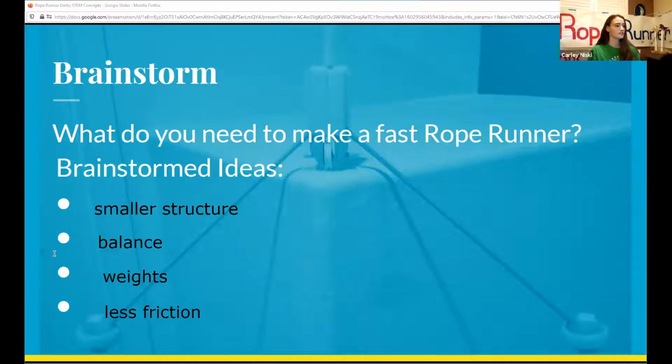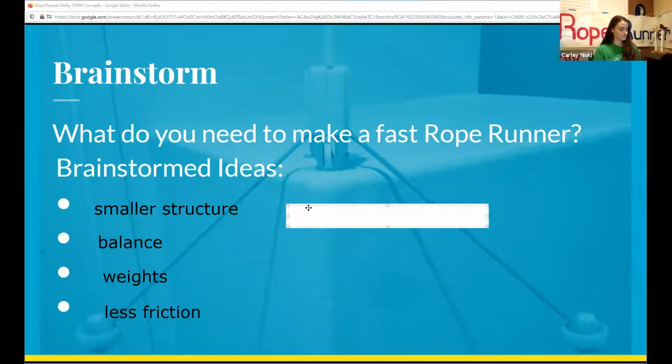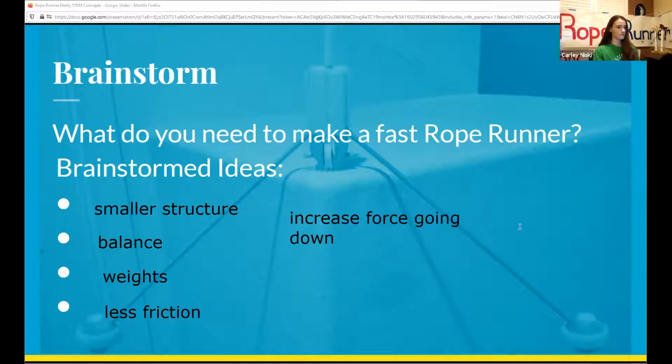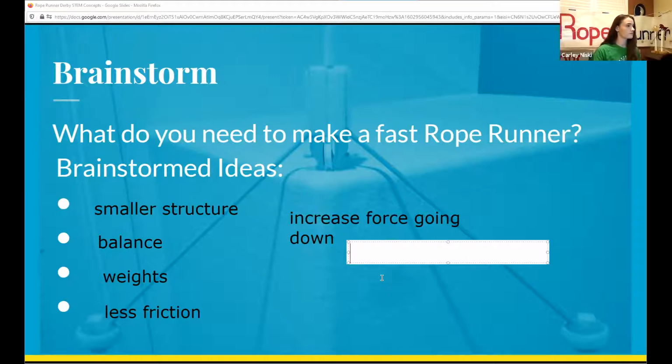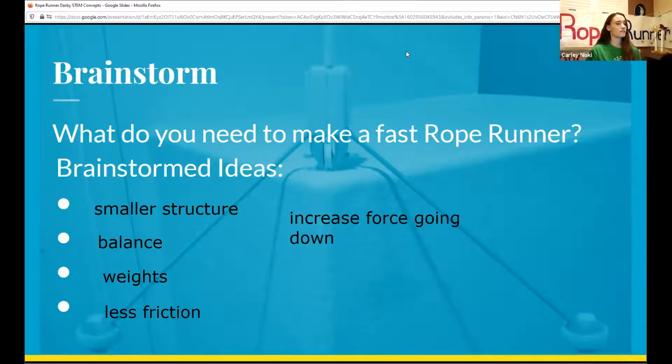Okay, so increase the force of the rope runner going down the rope. Very nice. Okay, now we're going to move on to the next slide. Very good, guys. Those are some great suggestions.